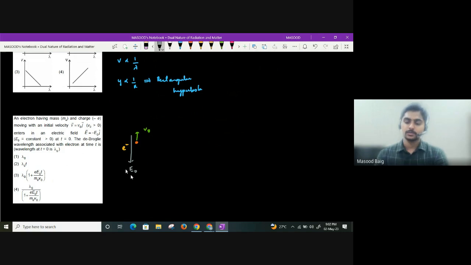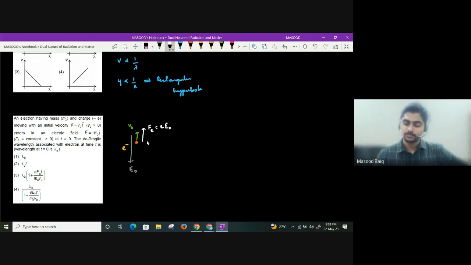Now always remember, whenever a negative charged particle is placed in an external field, what will it experience? It will experience a force opposite to the direction of the field. So the force experienced by the electron will be e times E naught. Now they are asking what is the de Broglie wavelength associated with the electron at t is equal to t.